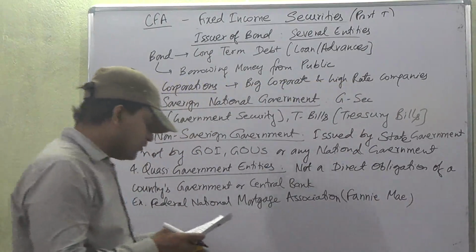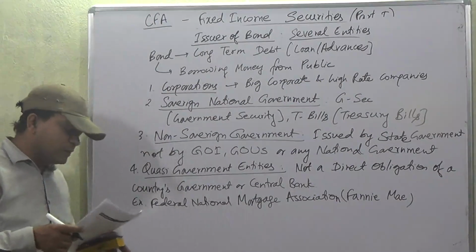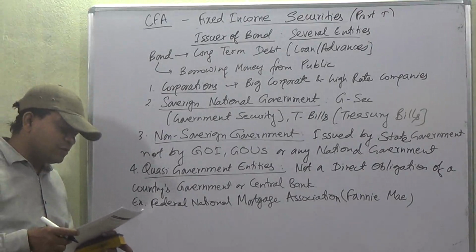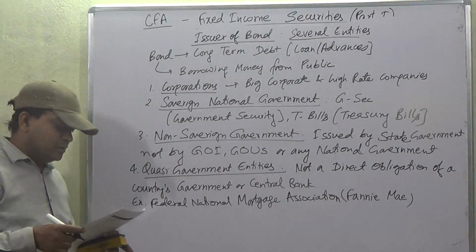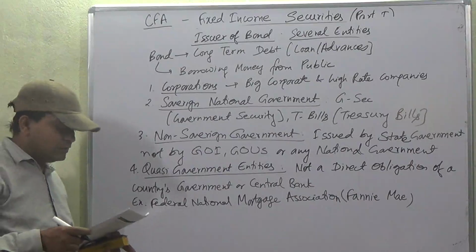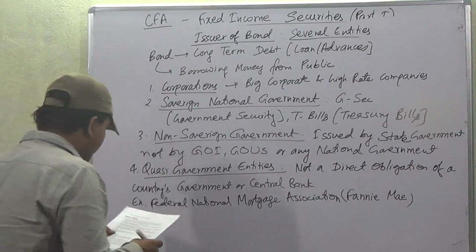Now, supranational entities. These are issued by organizations that operate globally, such as the World Bank, the European Investment Bank, the International Monetary Fund, like that. So it is known as supranational entities.